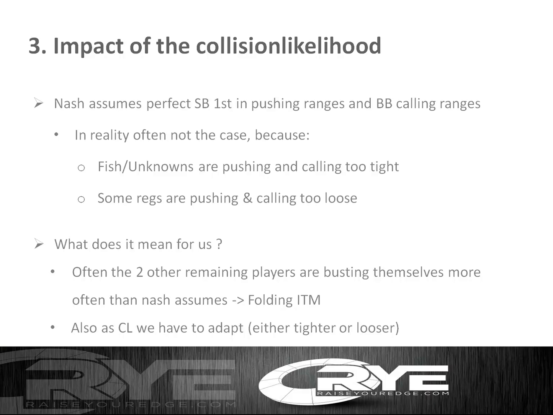When we are on the bubble with two other regulars, and let's say we all have 8 big blinds effective, and we fold the button, I think you know it from your own tables, most regulars can push very loose in this spot. Sometimes even any two, although they shouldn't do it when we look at the Nash range. So we should be way tighter than Nash is telling us.